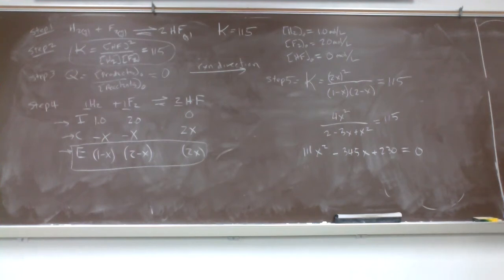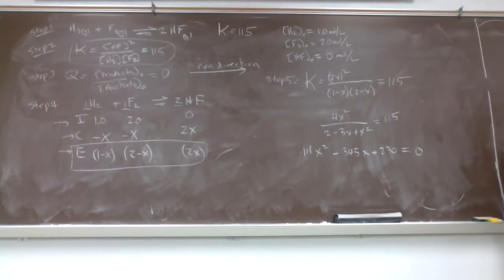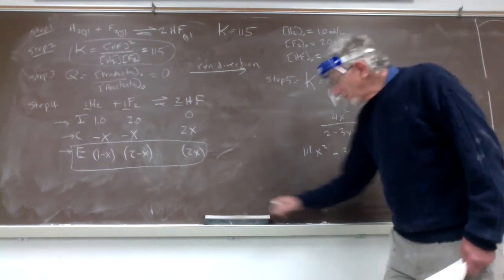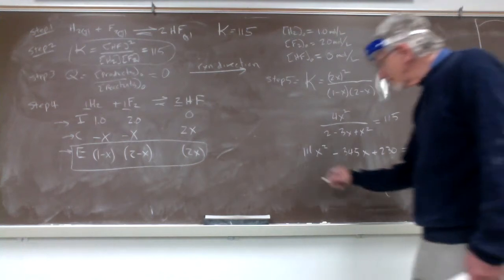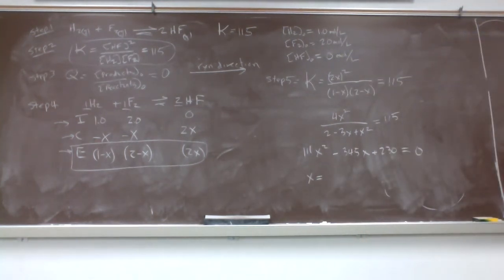And what kind of equation is this? Quadratic equation. It's quadratic because it has an x squared term. And how do you solve a quadratic equation? You use the quadratic formula. You can factor it instead, but sometimes it doesn't factor. So what is the quadratic formula?